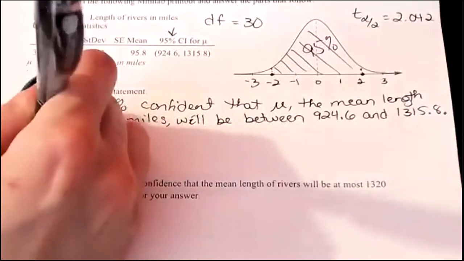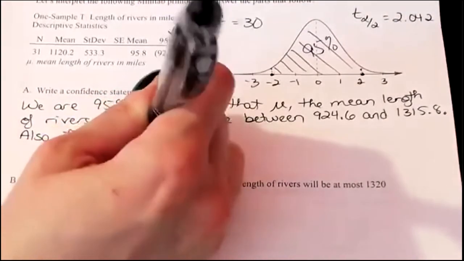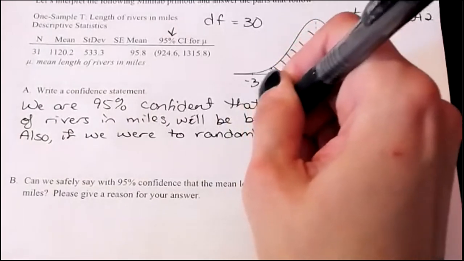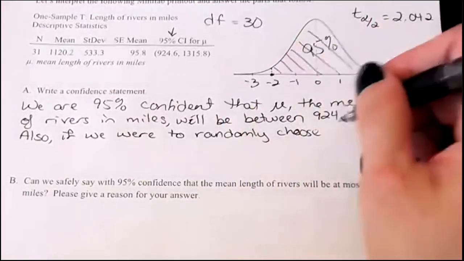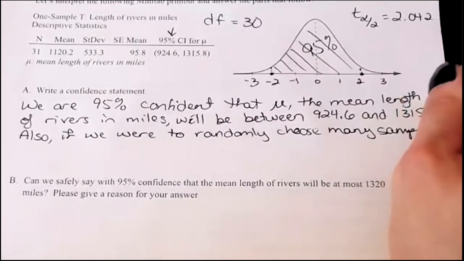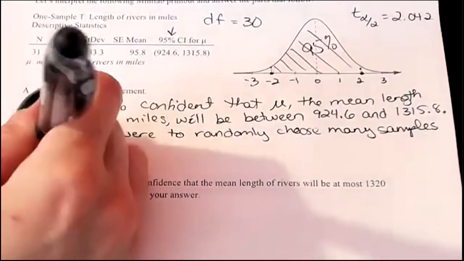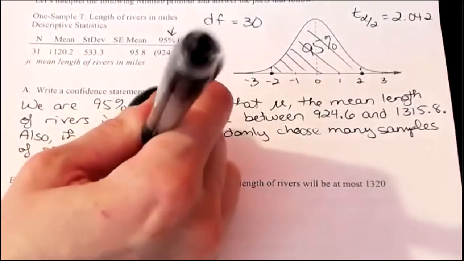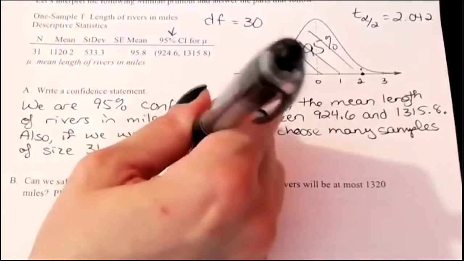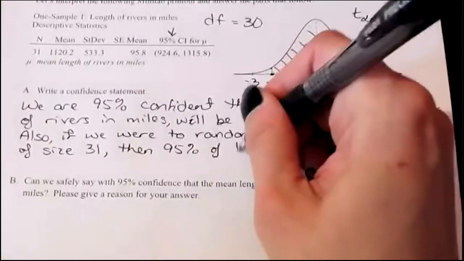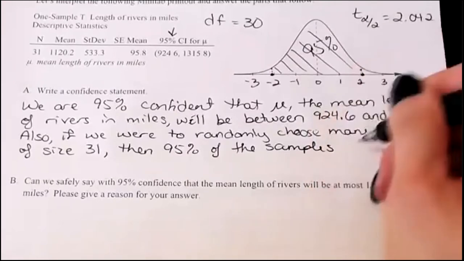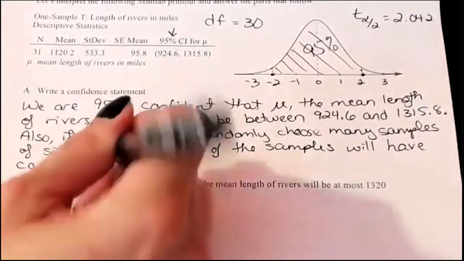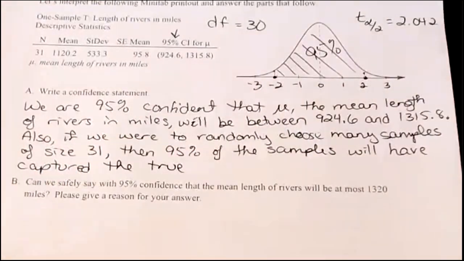Also, if we were to randomly choose many samples of size 31, right, the same size as our sample here, then 95% of the samples will have captured the true population mean.